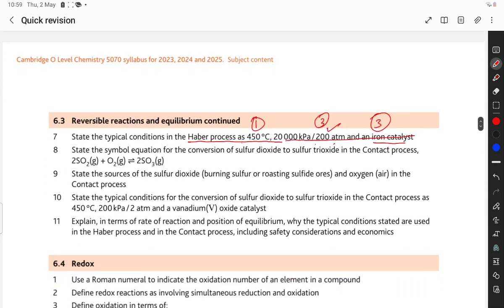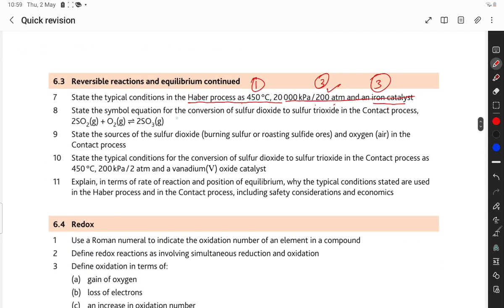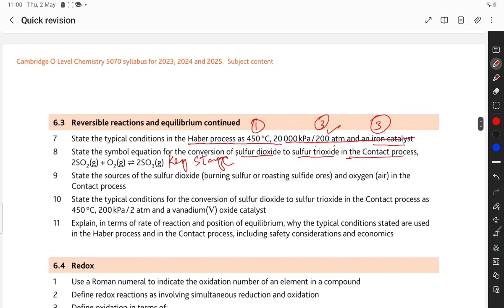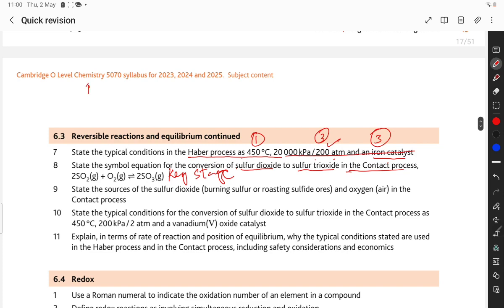This is very important. Please state the symbol equation for the conversion of sulfur dioxide to sulfur trioxide in the contact process. The first stage is sulfur plus oxygen to form sulfur dioxide.